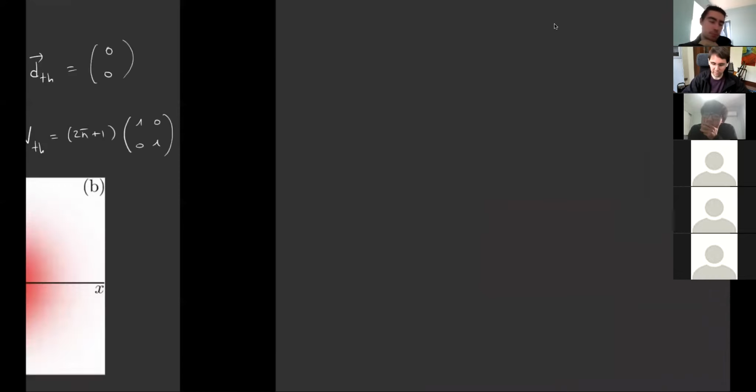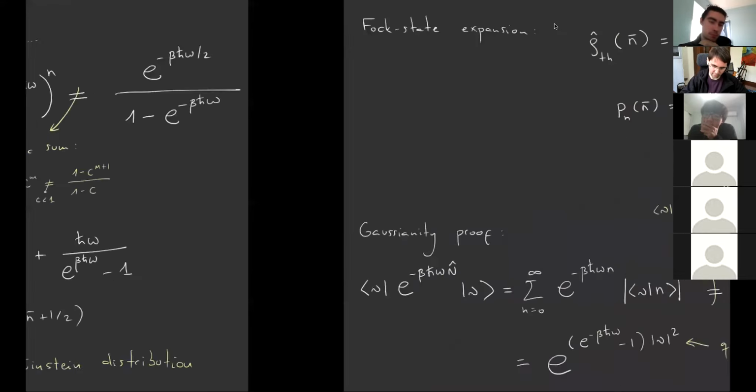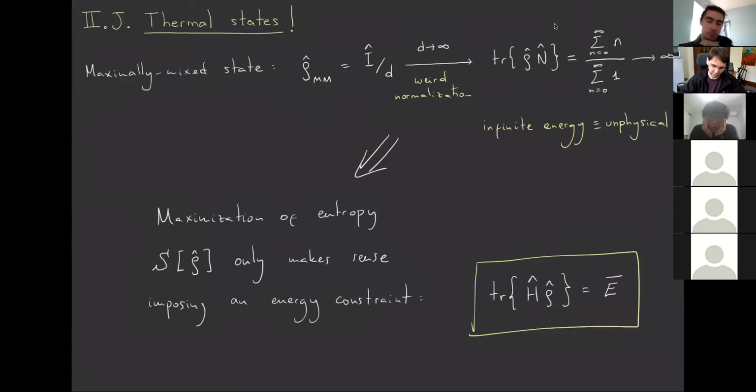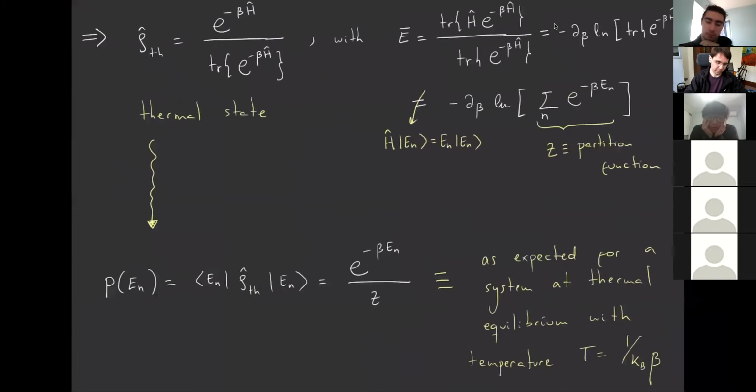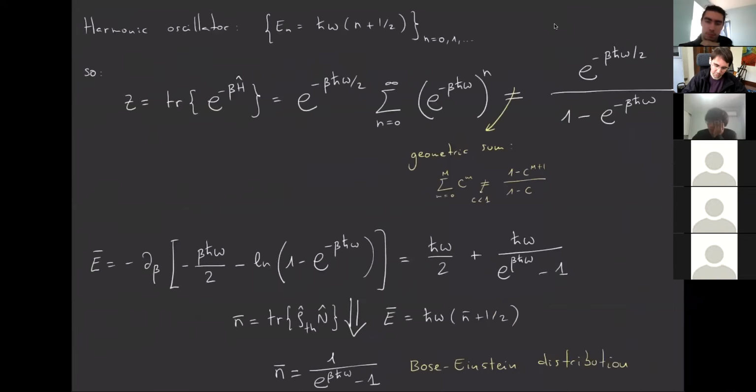So now, I still owe you a proof. I will do it now. I remind you that the proof I owe you is that we started this section saying that if you maximize the entropy subject to an energy constraint, then this is the solution, the thermal state. And again, this is completely general. It has nothing to do with a harmonic oscillator. It's absolutely general for any system, any Hamiltonian, any dimension, whatever you want.